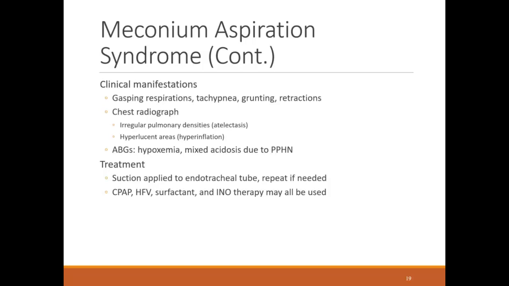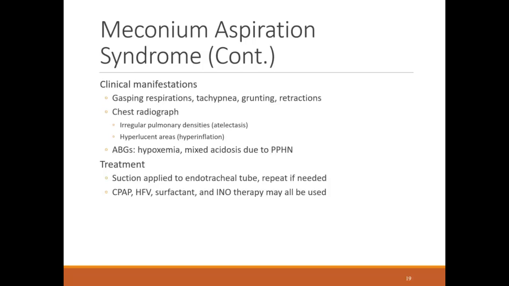Surfactant is an interesting consideration. There's not a lot of evidence to say that using surfactant is necessarily going to help with meconium aspiration unless there's evidence of surfactant deficiency. Some other things you might want to consider are nitric oxide therapy.